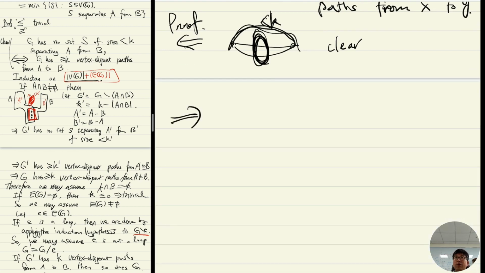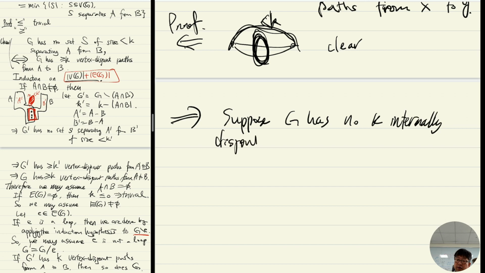How about the forward direction? Now suppose G has no K internally disjoint paths from X to Y, and X and Y are distinct.